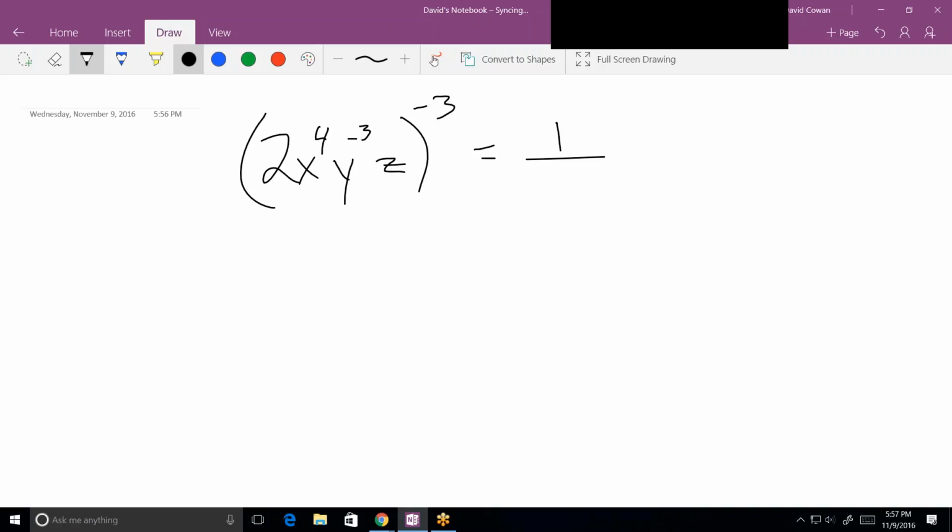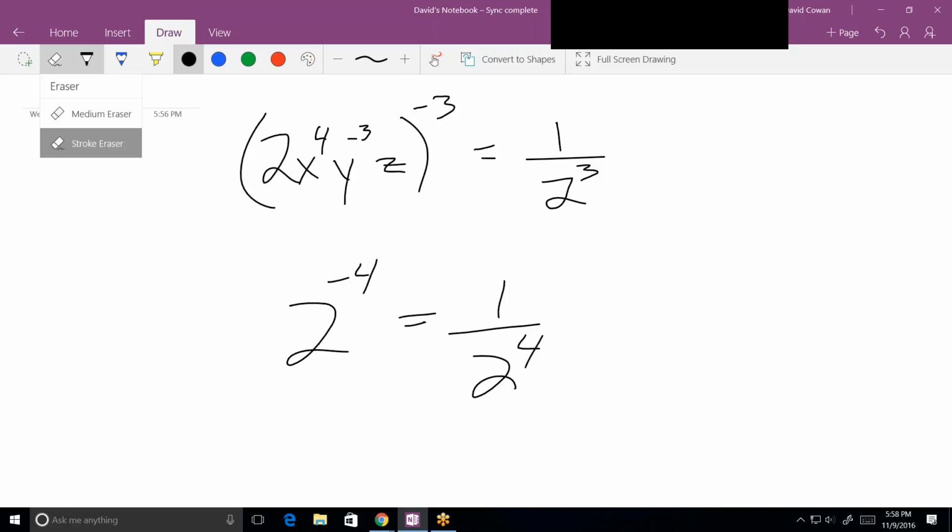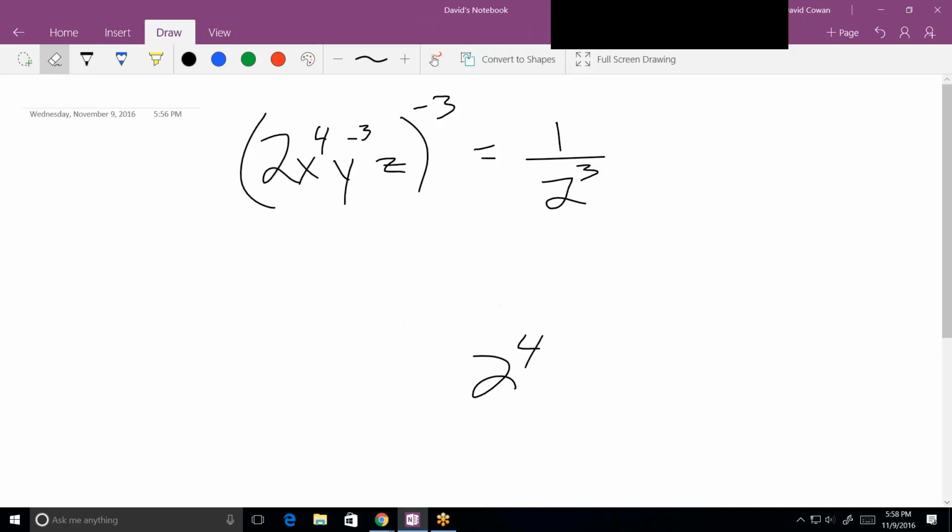So it becomes 1 over 2 to the 3rd. That's what negative exponents mean. 2 to the minus 4 is 1 over 2 to the 4th. In other words, they're not negative numbers. They're positive numbers, always. It just means reciprocal. Okay, so that's 1 over 8.